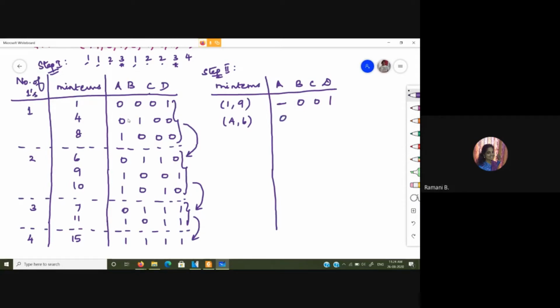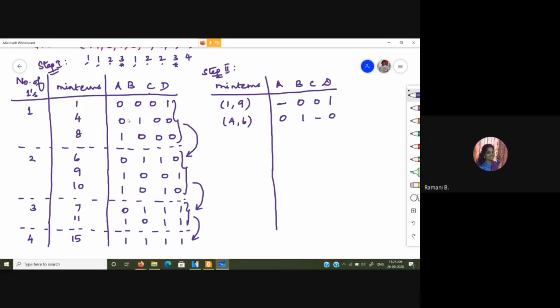So 0 1 dash 0. Okay. Then comparing with 9, here it is 0 1 0 0 and this is 1 0 0 1. So except for C, all the three variables changes. So we cannot have that. Then 4 with 10, 0 1 0 0 and this is 1 0 1 0. Here also except for D, all the three variables changes. So that is not a possible group.